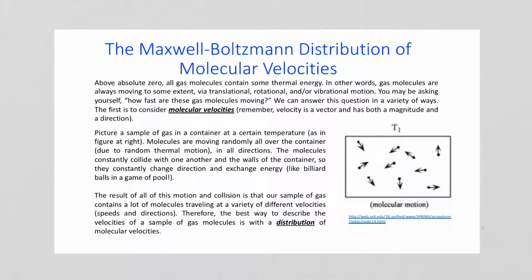The result of all of that motion and collision is that we have a lot of gas molecules that are essentially traveling all at different speeds, different velocities, in different directions. So the best way that we have to describe this whole situation of our collection of gas molecules is with what we call a distribution of these molecular velocities.